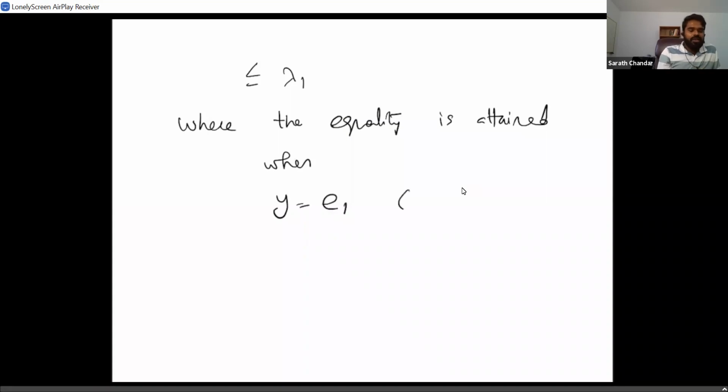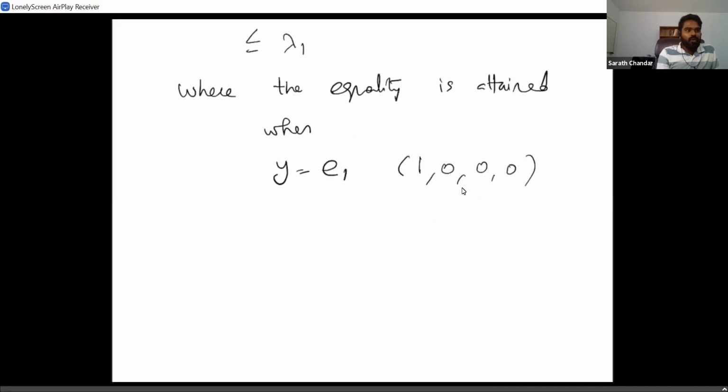E1 is like an identity vector, a vector with just the first entry 1; E2 is the vector with just the second entry 1, and so on. Now when Y is equal to E1, Z is given by QE1, which is equal to U1.